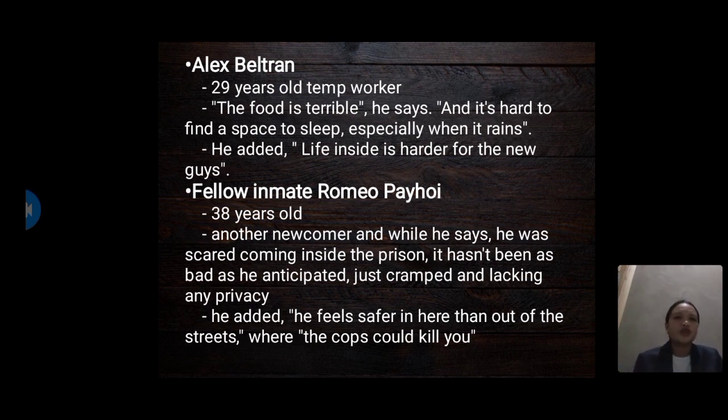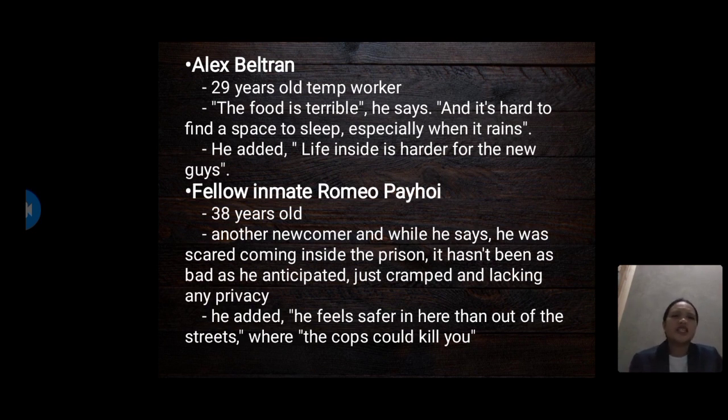His fellow inmate is Romeo Payhoy, 38 years old, another newcomer, and while he says he was scared coming inside the prison, it hasn't been as bad as he anticipated. Just cramped and lacking any privacy, because of the overcrowding inside the institution.